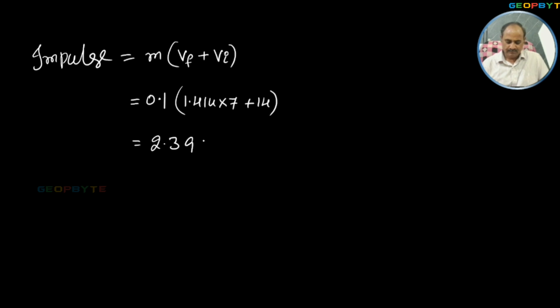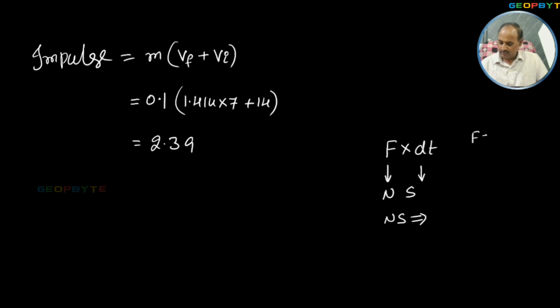The impulse unit: force times time, force into dt. Force is in Newton, dt in seconds, so Newton second. Newton is the unit of force, F equals ma, where m is in kg and a in meter per second square. So kg meter per second square into second gives kg meter per second.